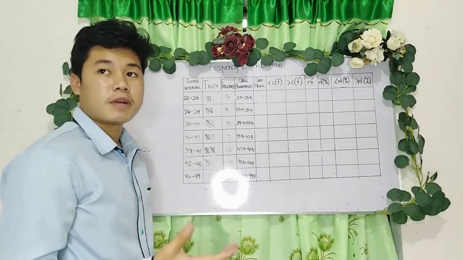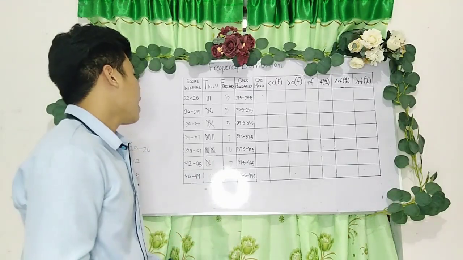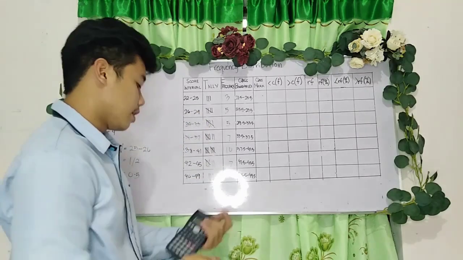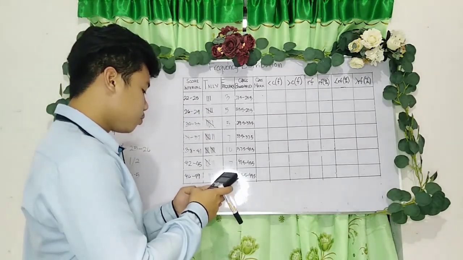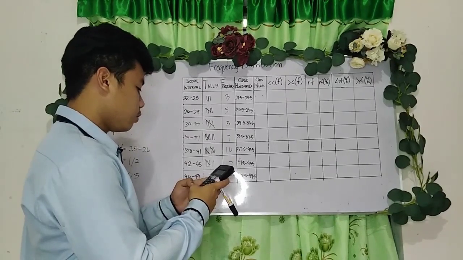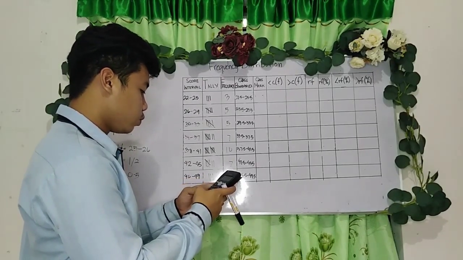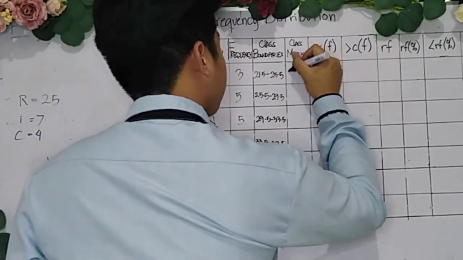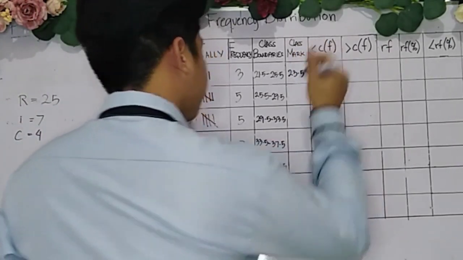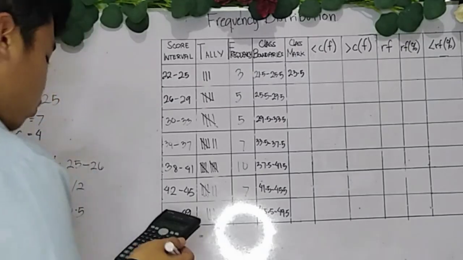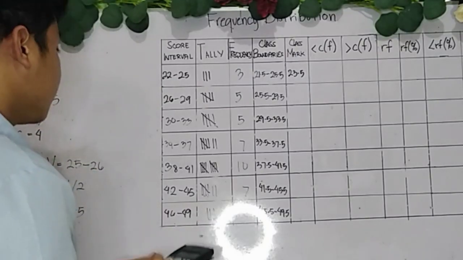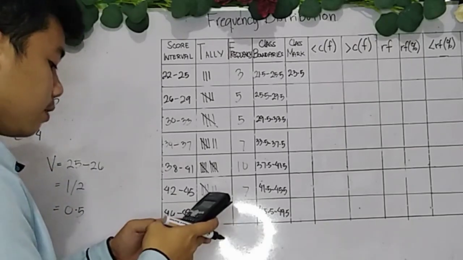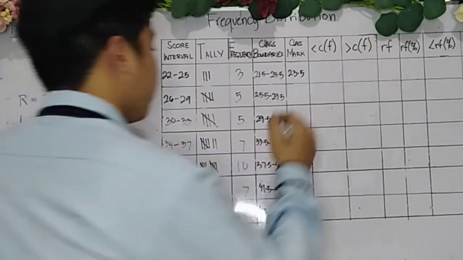By getting our class mark, we will simply add our lower limit and the upper limit from our score interval. So 22 plus 25 is equal to 47, divided by 2 is equal to 23.5. Same process: 26 plus 29 is equal to 55, divided by 2, it is equal to 27.5.